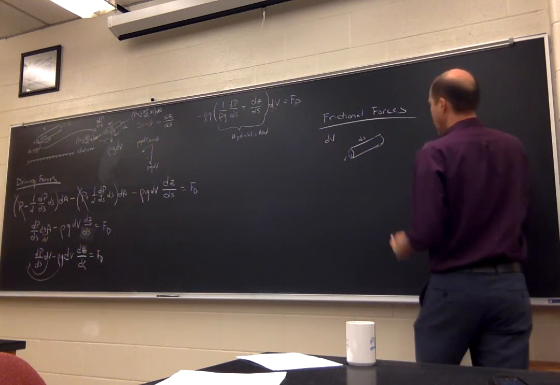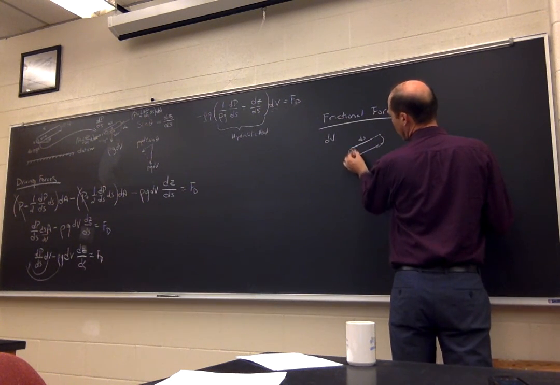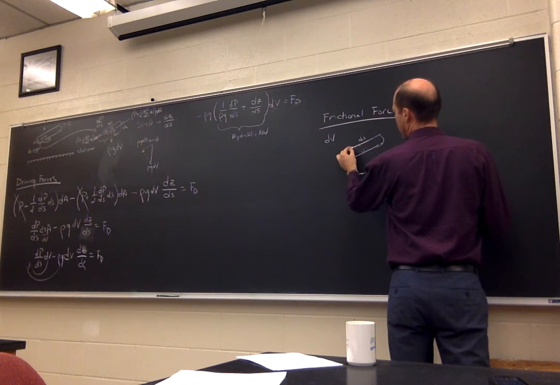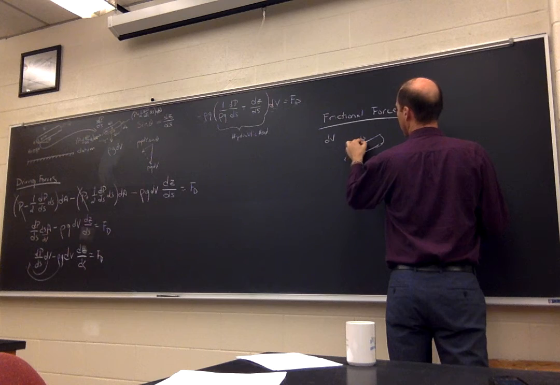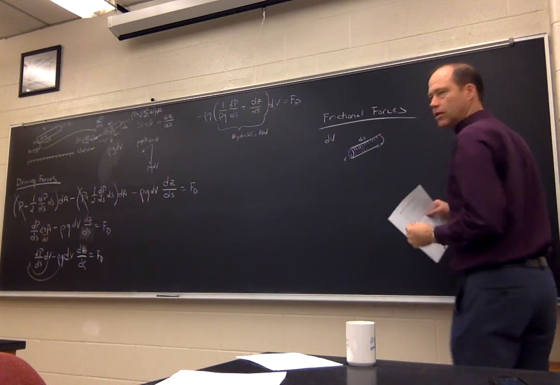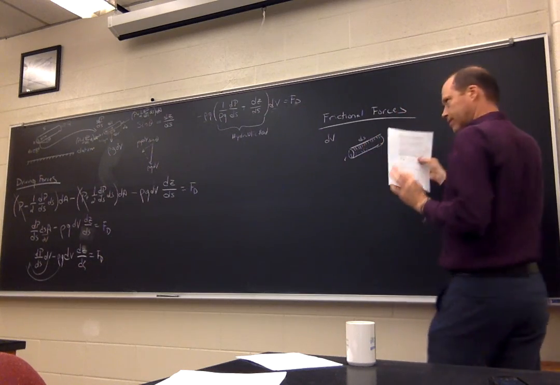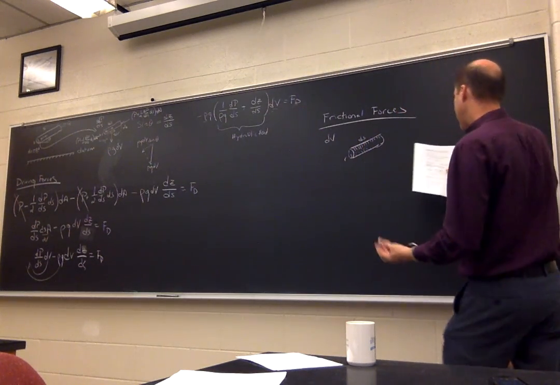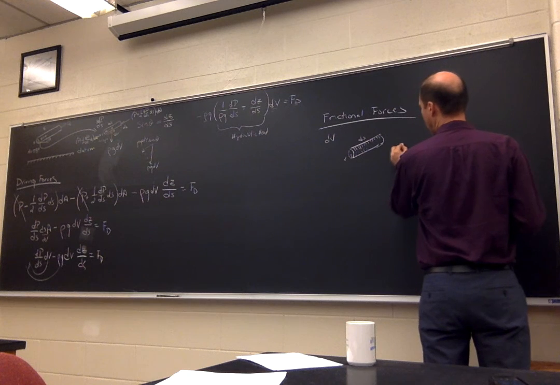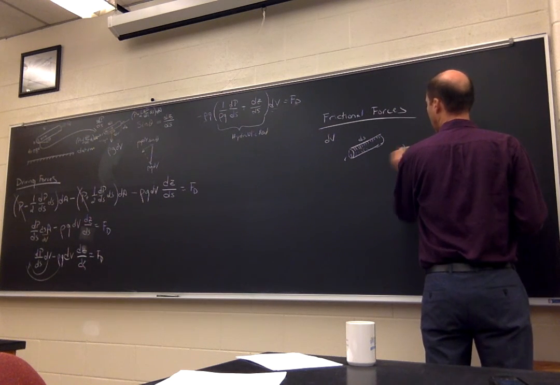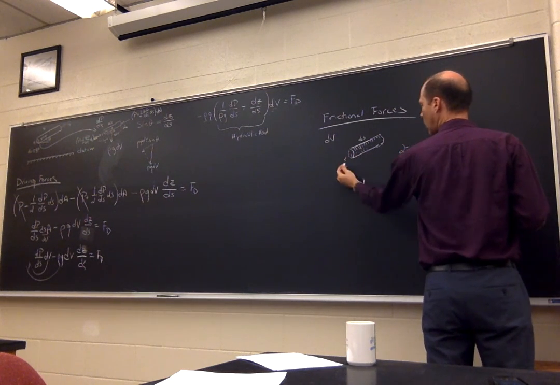We can calculate the surface area of this control volume. It is a cylinder, and the surface area is defined by the perimeter, which is 2 pi little r.